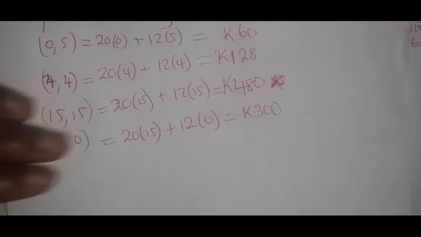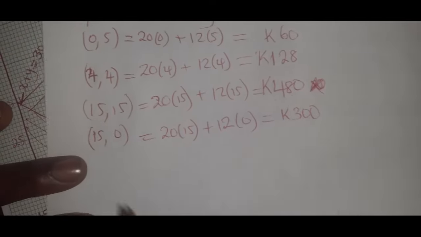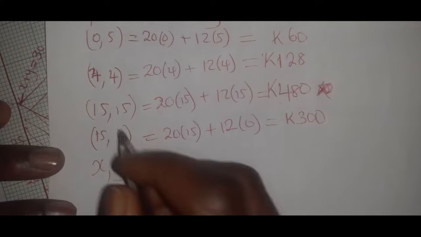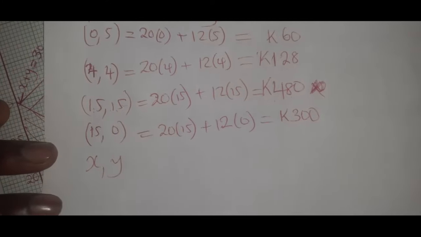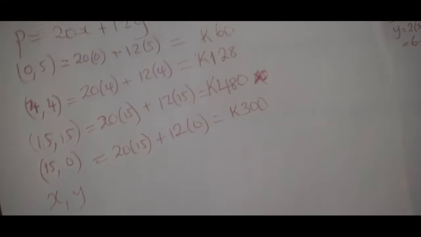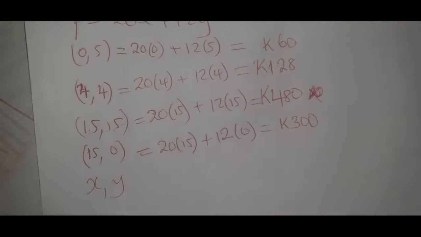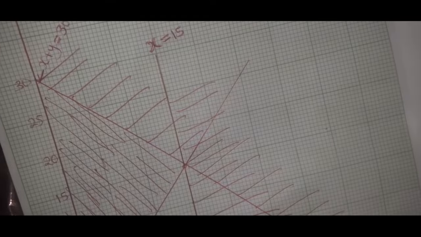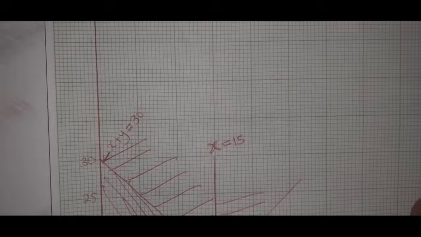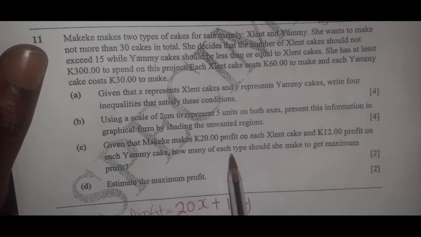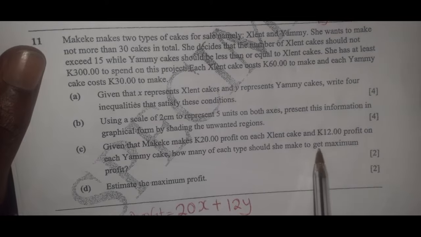So what combination gave us the highest amount? On the X, we have 15. On the Y, we have 15. So on this question that is asking us, how many of each type should she make to get maximum profit?